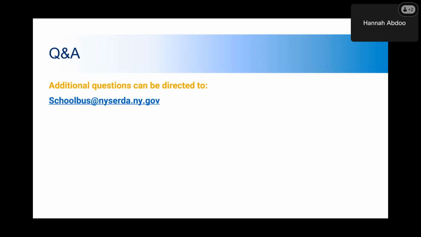And then, Sophie, do you want to answer the question about are FEPs required at the time of application? FEPs are not required at the time of application. So the way it works for the charging voucher and the visiting charging voucher is you apply for the charging voucher in the portal, and all you need at that time is the charging infrastructure purchase agreement and a third-party operator addendum if you are using a third party.